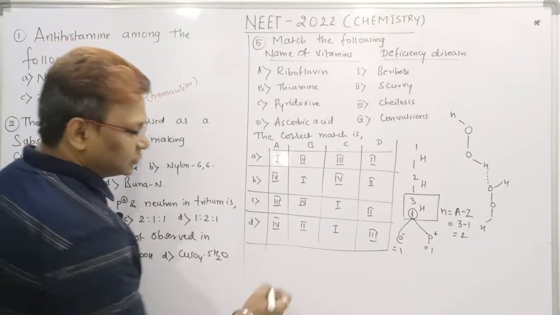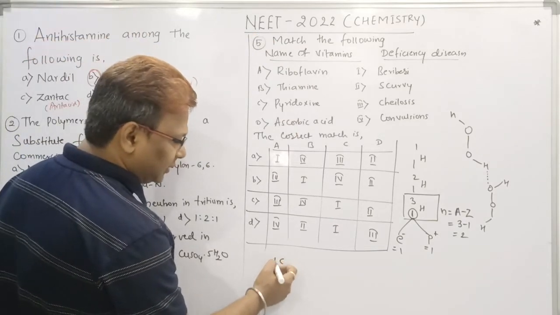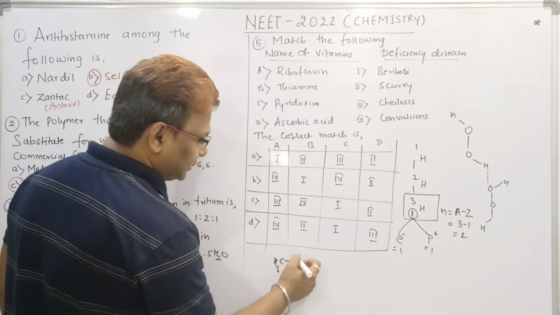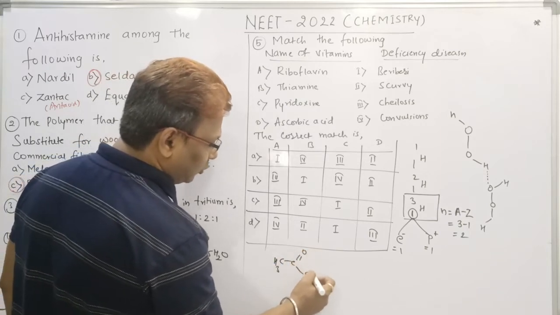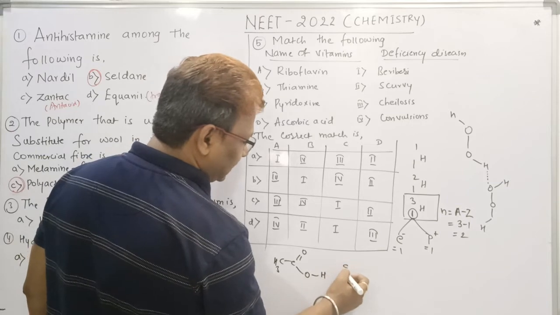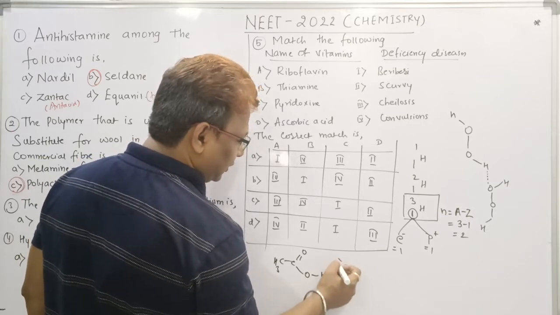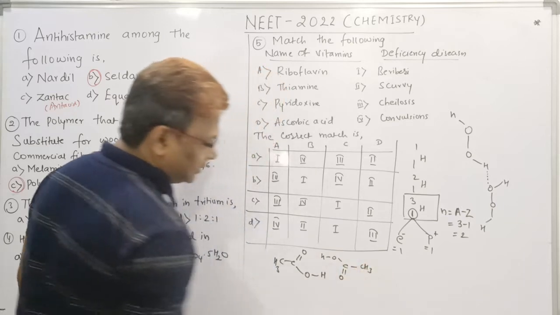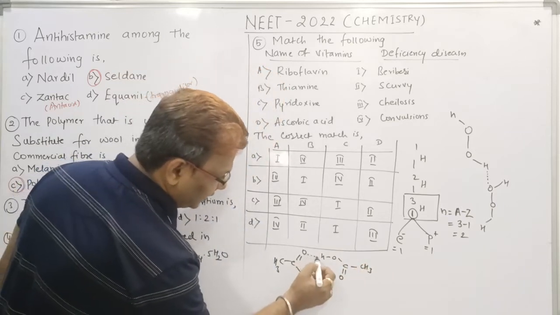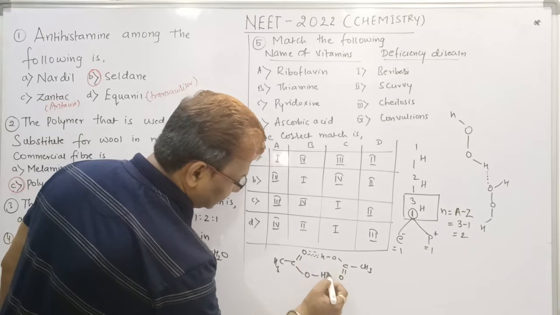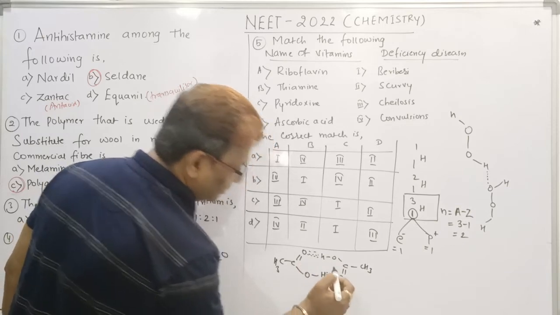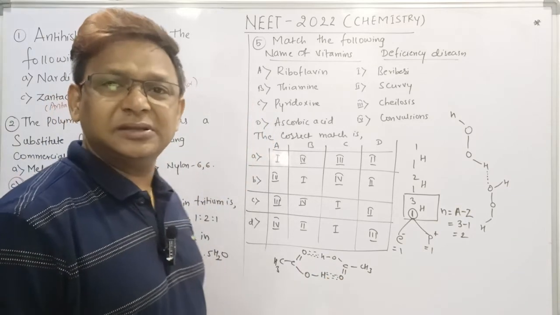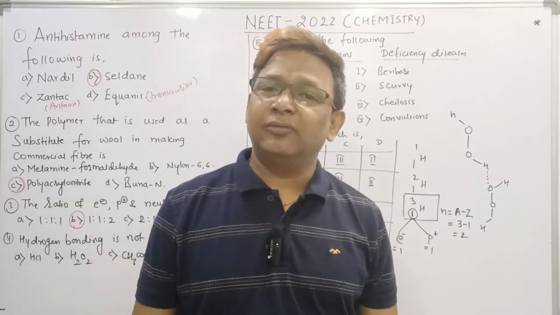Everybody knows it is going to form the dimer. How beta? It is CH3, then C, double bond O, then O bonded with H. Then again C, double bond O, then bonded with O, then H, and again CH3. See beta, in this O and H there is hydrogen bonding, and in this O and H we have hydrogen bonding. Means acetic acid, due to hydrogen bonding, will form its dimer.